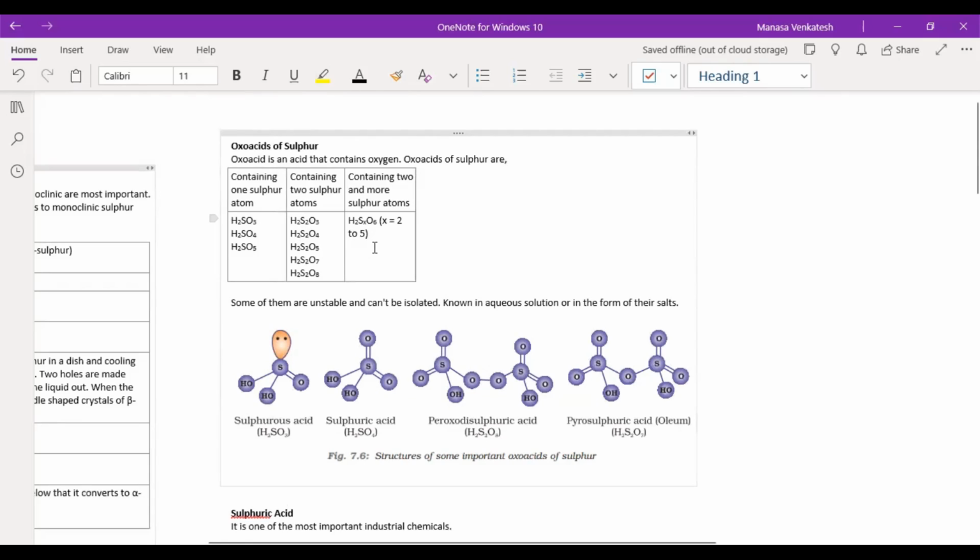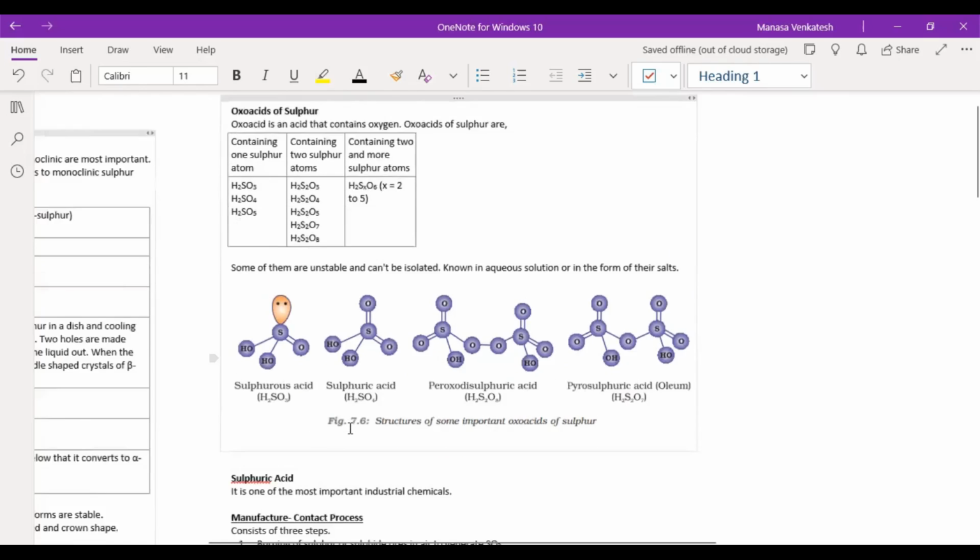Some of them can't be isolated, so they are known in aqueous solution or in the form of their salts. Here you have sulfurous acid, sulfuric acid, peroxodisulfuric acid, and pyrosulfuric acid, that is oleum. Remember pyrosulfuric acid and sulfuric acid.